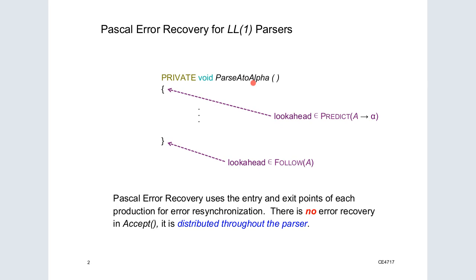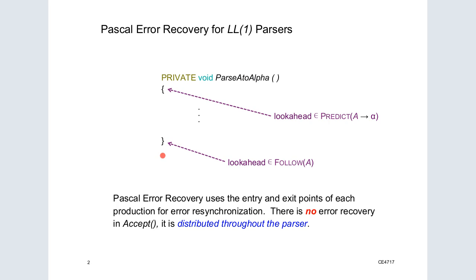And if it isn't, we will start to skip tokens until we arrive at something that is such an element. And then on the exit point, we will check that the look-ahead is in fact an element of something that can follow this procedure. So now we're down here. And once again, if it isn't, we'll start skipping until we find something that is.